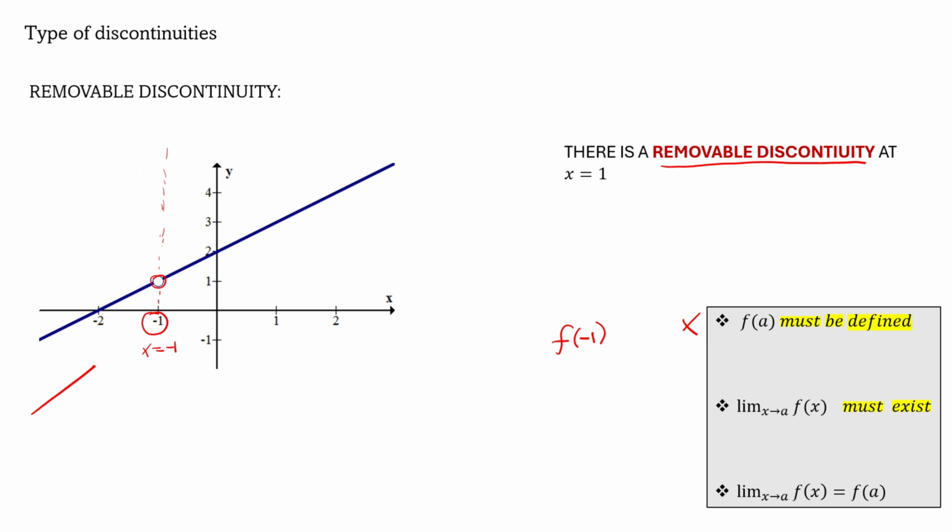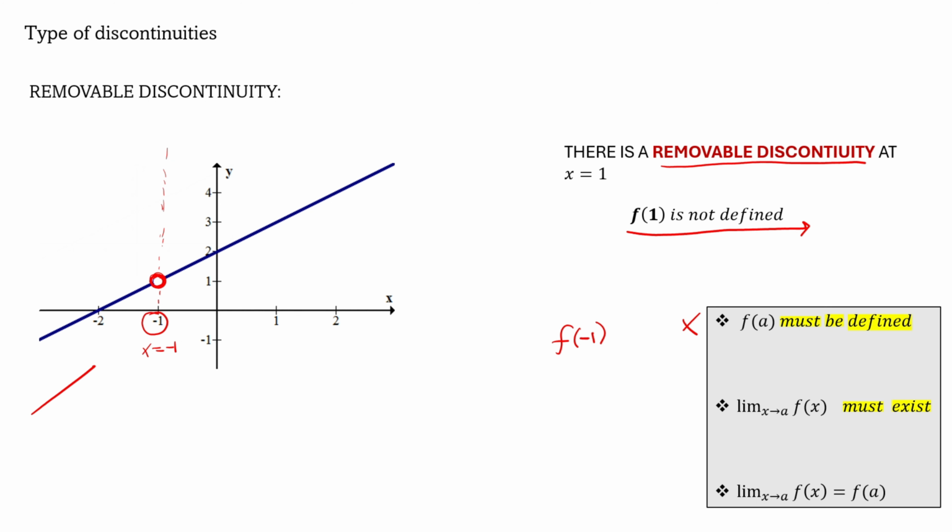So a removable discontinuity, you will have it when condition 1 is not met. That is, when f at -1 is not defined, meaning that in this case, when you put -1 on the x-axis, you do not get any y value, because the open empty circle tells you that there is no y value at x equals -1.